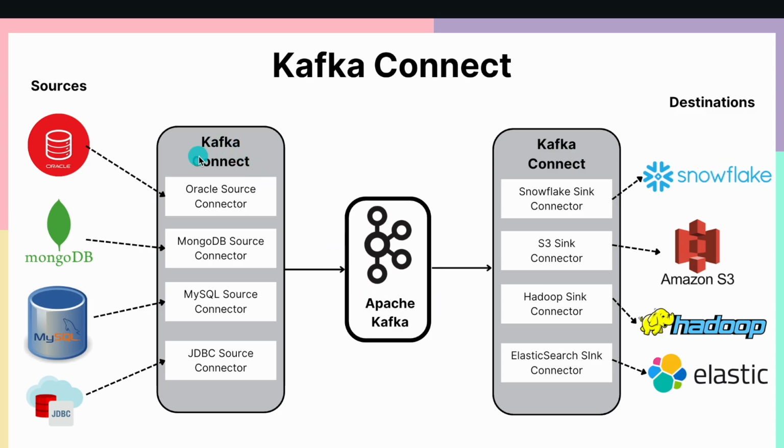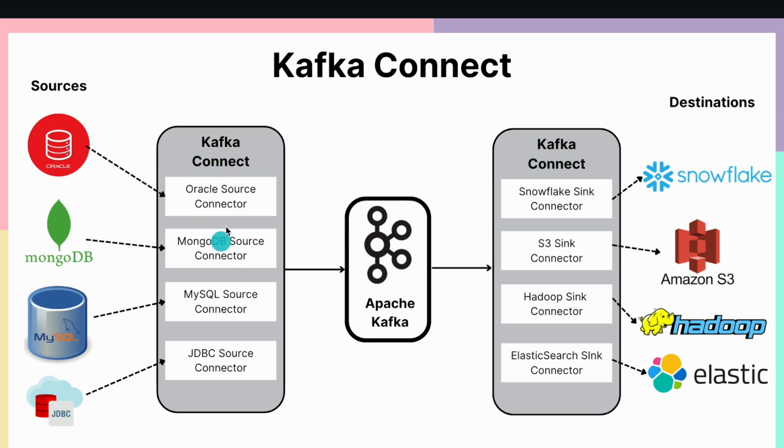Instead of having to write your custom application to fetch those changes from Oracle and then write that data into this Kafka topic, what you can do is create what is called an Oracle Source Connector. You can think of it as an object that runs on the Kafka Connect service, which automatically connects to your Oracle and writes the data into your Kafka topic.